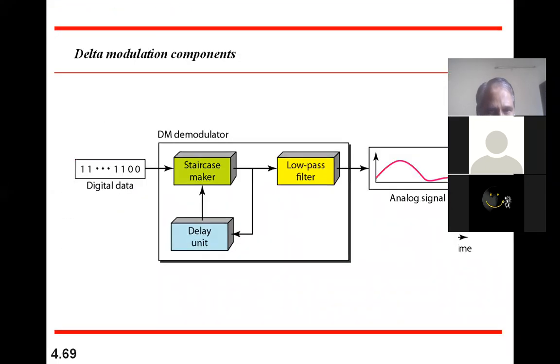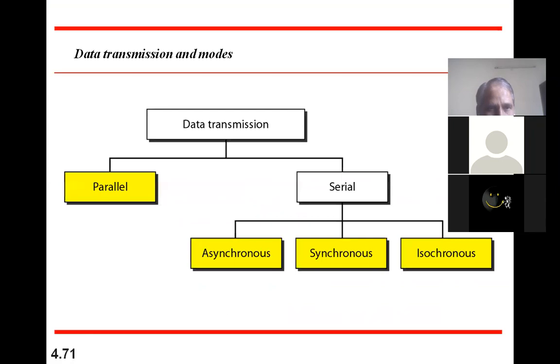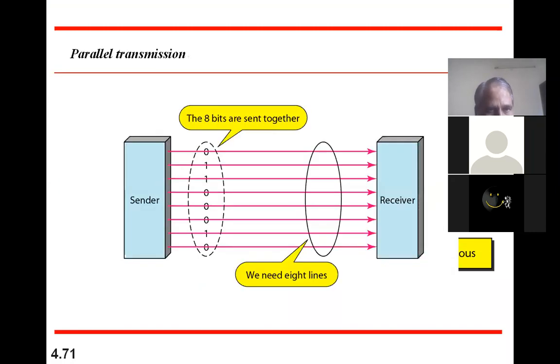Then we talked about modes of communication: serial and parallel. Parallel is sending a number of bits at a time, so for every clock pulse we send multiple bits simultaneously.